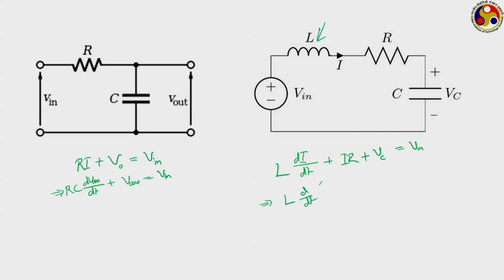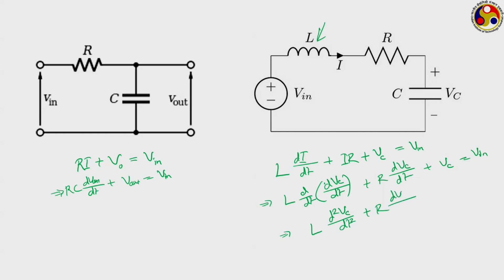So, L d2Vc dt2 plus R dVc dt plus Vc is equal to V in.